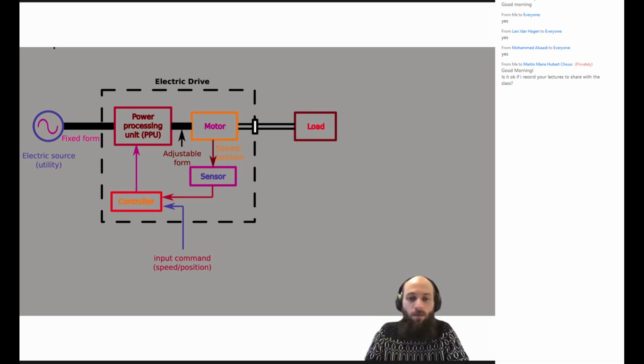And then we use a controller that, given a reference input or command, which can be speed or position, but also torque, will communicate with a PEC or PPU here to give the correct form of electricity that is sent to the motor. And this architecture is the same for all electric drives, but each motor can have several types.